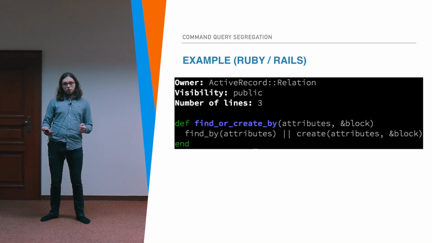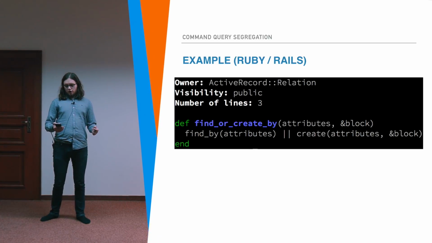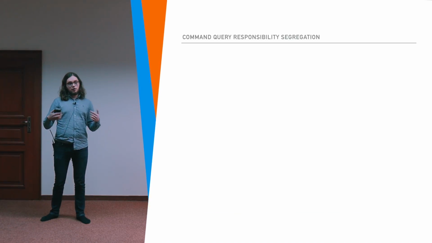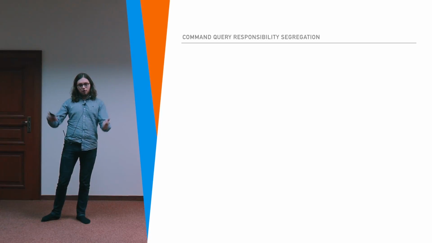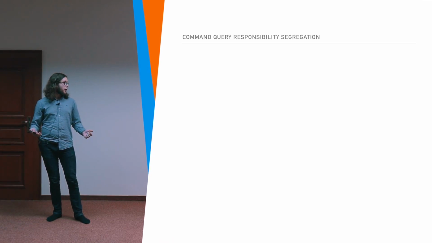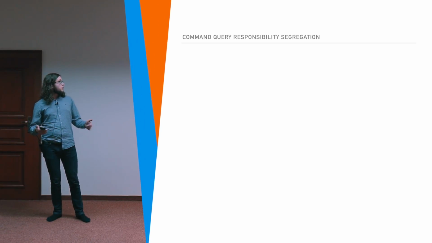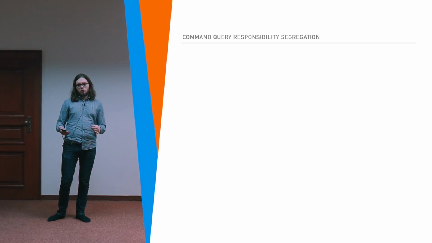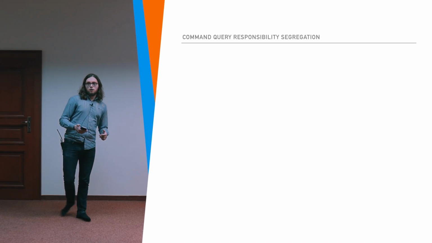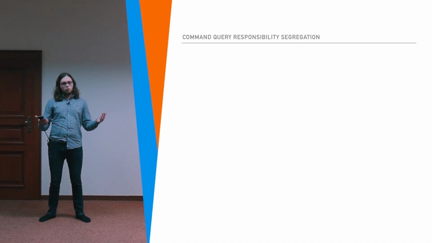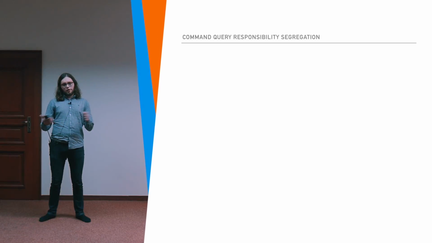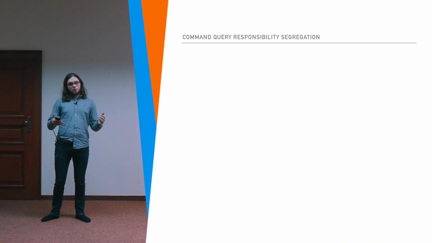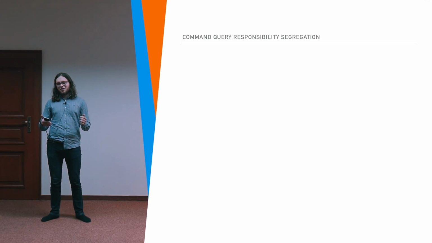So, if we already know what CQS is, let's go a bit deeper. CQRS is something invented like 30 years after CQS was defined. It was invented by Udi Dahan and Greg Young, so two big names in the IT industry. And the idea is that why do we split methods into queries and commands when we can design specific classes for that?